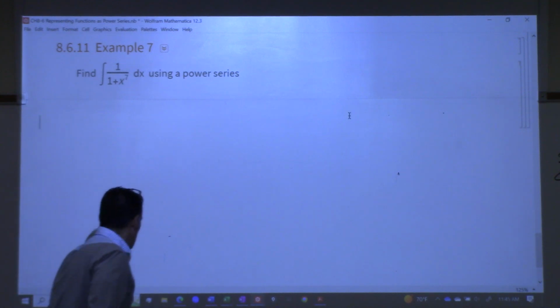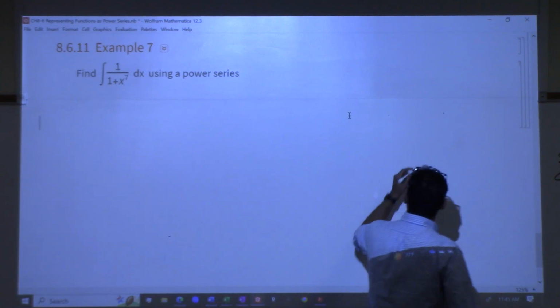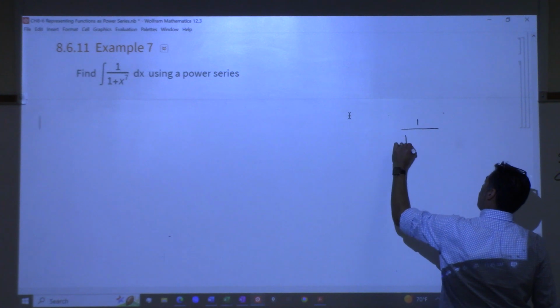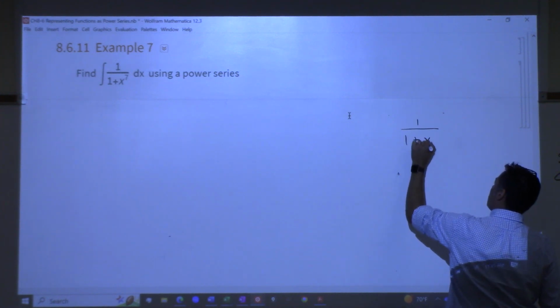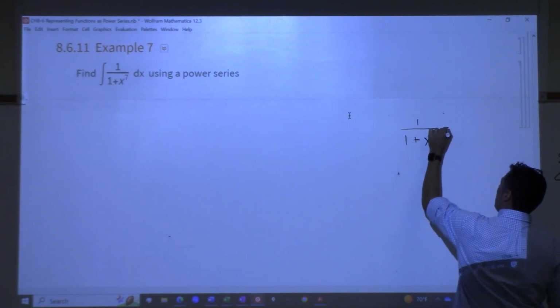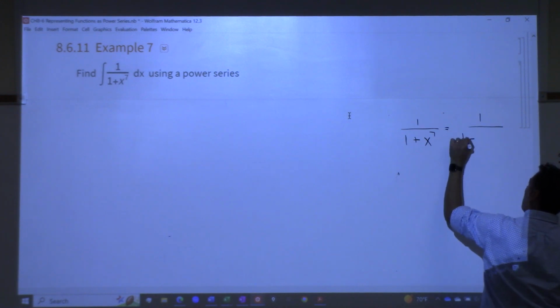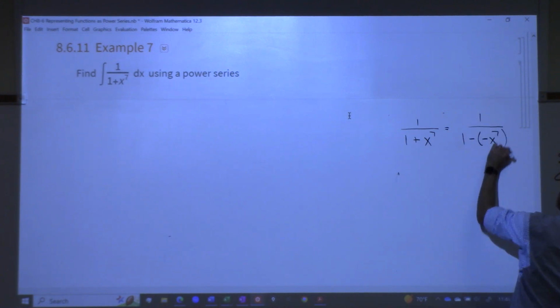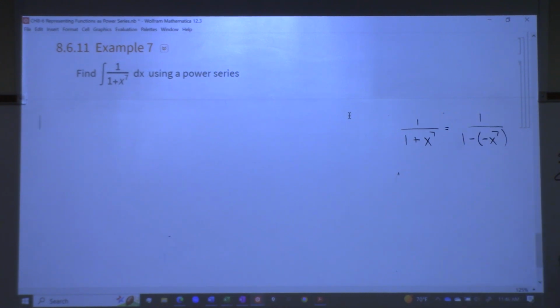Well, one thing I could do is I could say, all right, if I do this expression and I rewrite it as 1 over 1 minus negative x to the 7th, like that, using this, right?